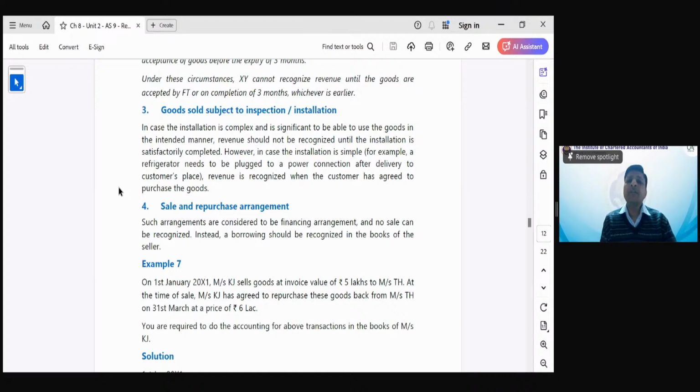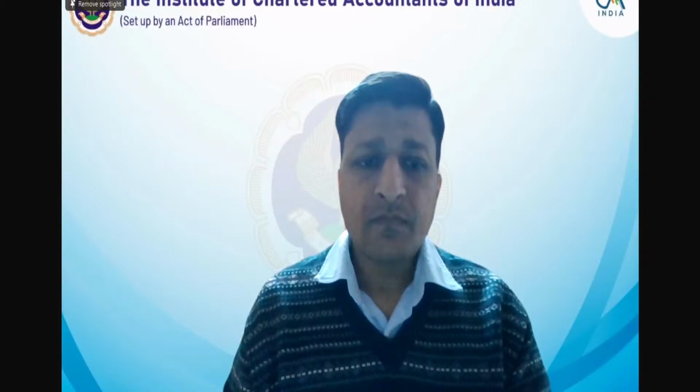So what are they doing? One, they are saying there's a sale from KJ to TH, and at the same time there's a repurchase from TH to KJ. Now let's understand this.